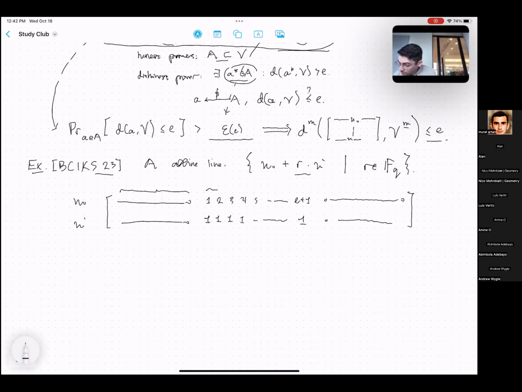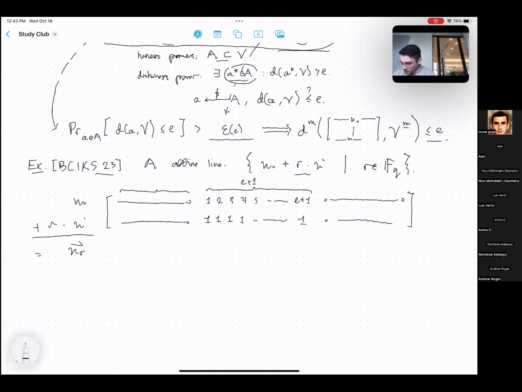So I have a block here of total width E plus 1. This is going somewhere. Trust me. My affine line elements look like this plus R times this. Let's call this UR.